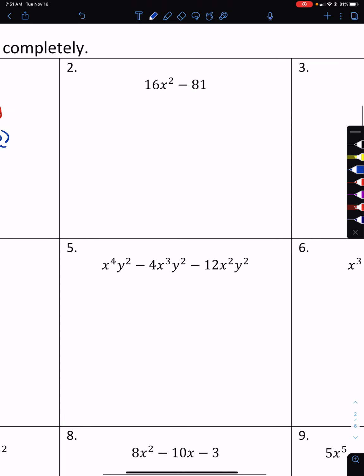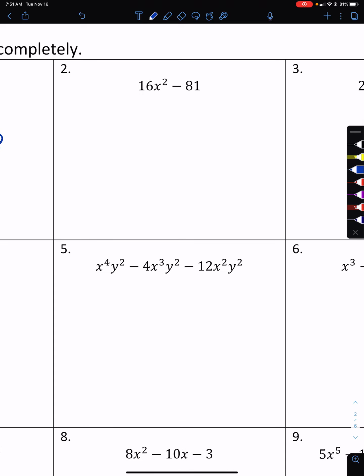Number 2, when I'm looking at this one, there's 2 terms. So the first thing I want to do is to see if the a term and the b term are perfect squares or perfect cubes. Okay. First off, I want to do what I said we were going to do first and see if there is a GCF. Is there some number that they can both be divided by?